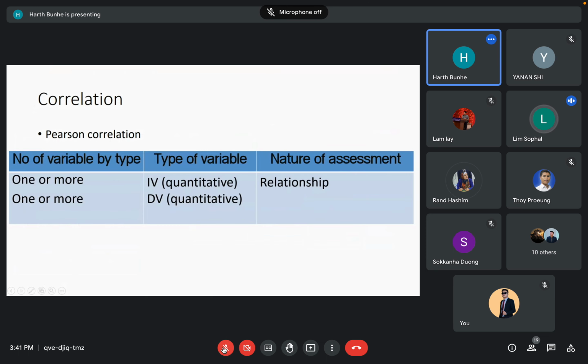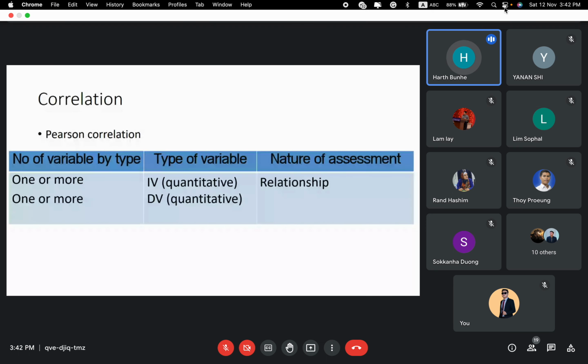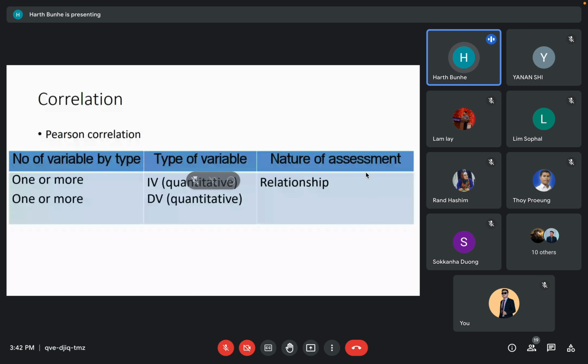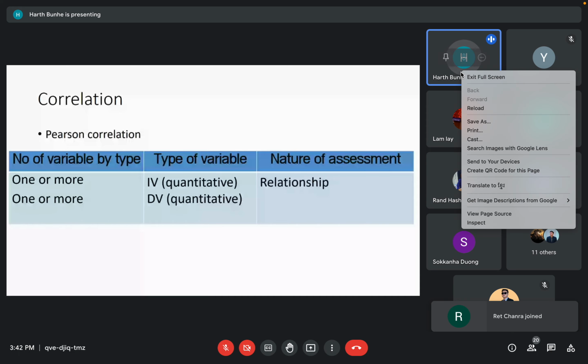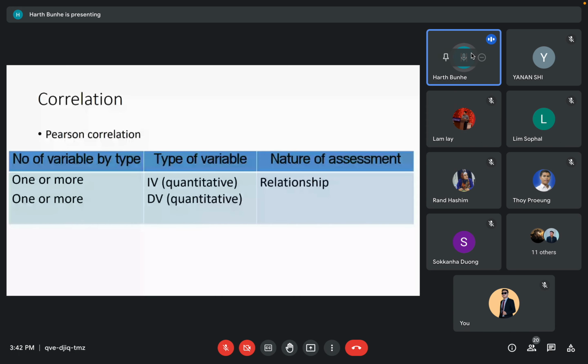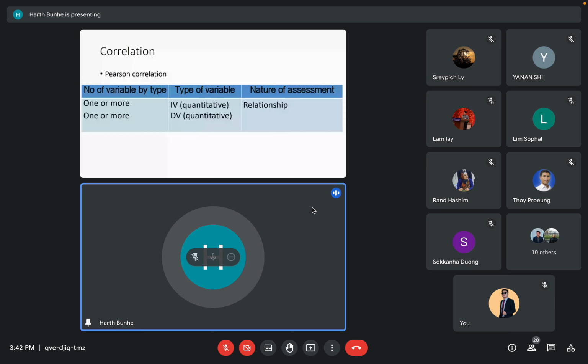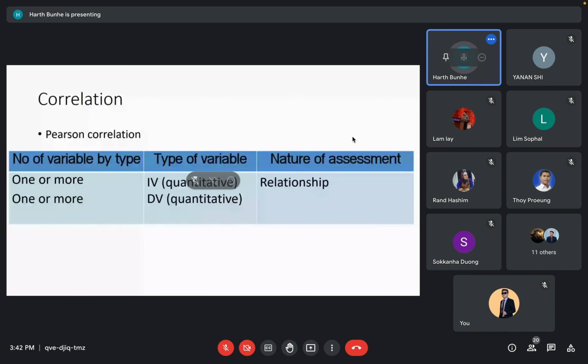Yes. The correlation that I mentioned here is all about Pearson correlations. So be sure that when you talk about correlations, there are many correlations. But when we talk about Pearson correlation, you are asked to remember the characteristics of the variables. Actually, we don't call them DV or IV.